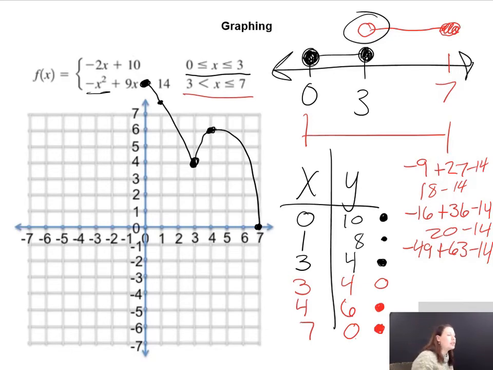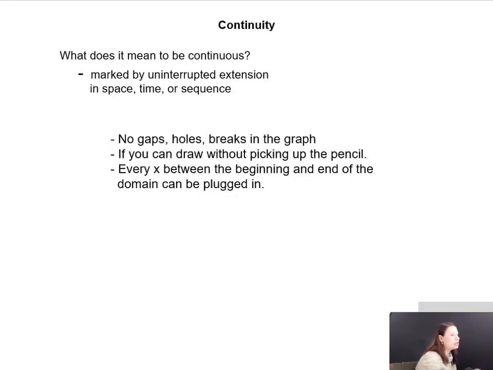Now, the next thing you have to think about is, do the pieces connect? That's also something you have to think about, okay? So it's not necessarily just can every x between the beginning and end of the domain be plugged in, but do the pieces, right, because it's a piecewise function, do they connect in the middle or are they separated, okay?